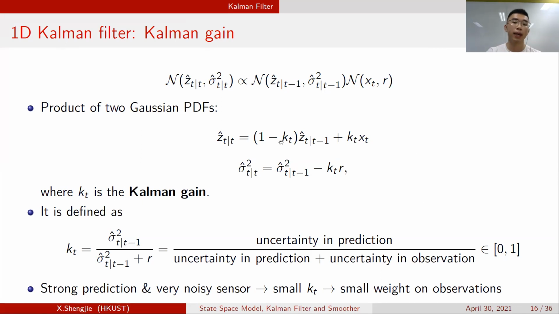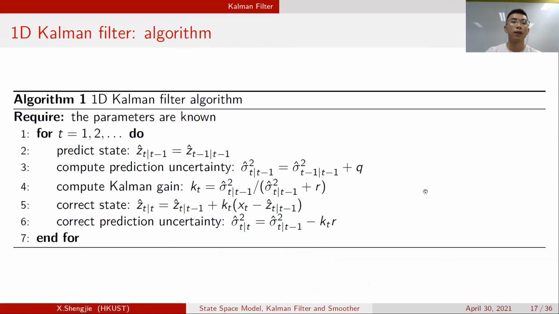As we look back, if the Kalman gain is pretty small, our correction will mainly rely on the prediction, and forget about the observation. So you can see the effect. It's like a switch.